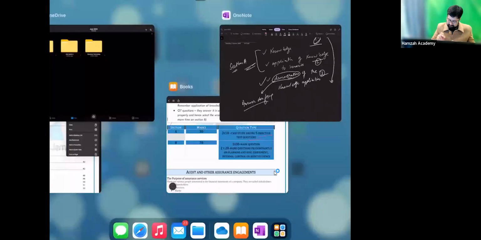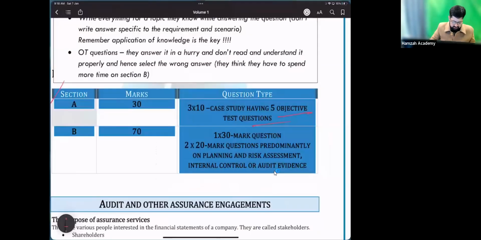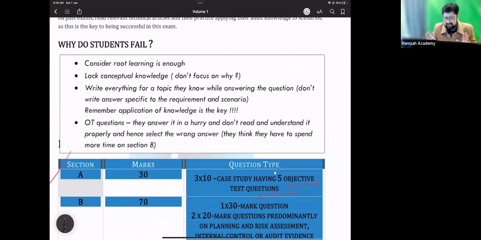Now, come. So why do students fail? These are extracts from your examiner reports. Your examiner says why students fail: rote learning. They memorize topics, which is not required.